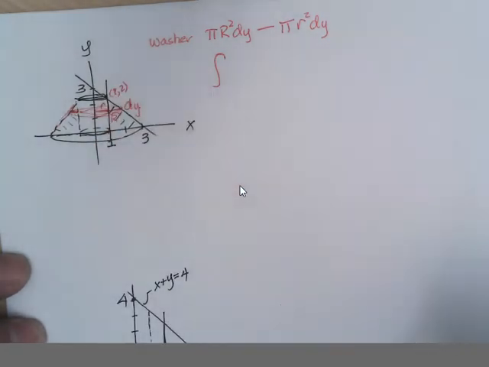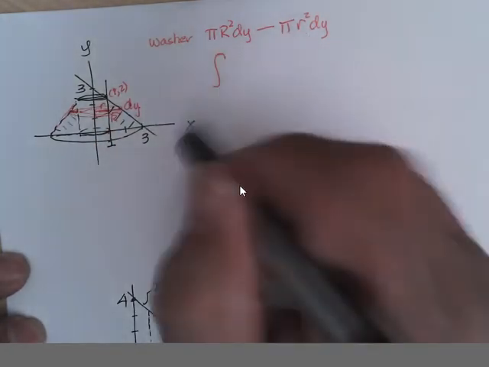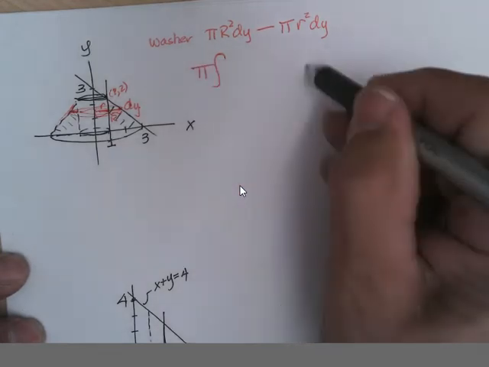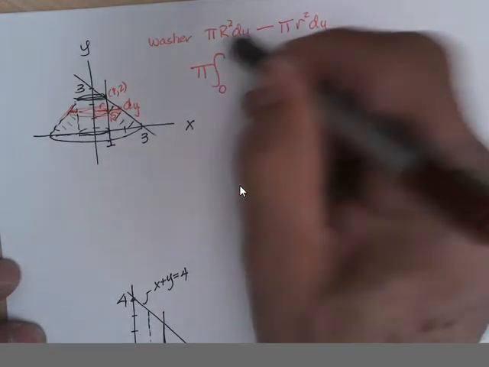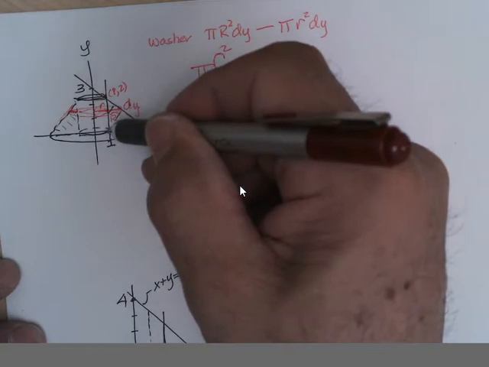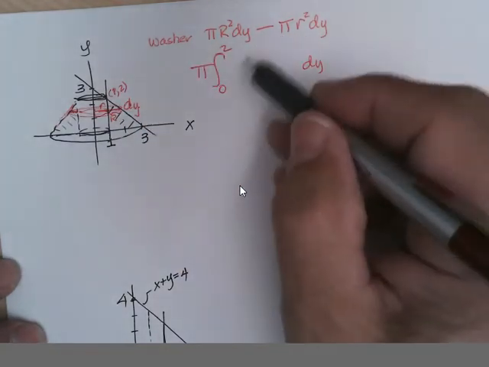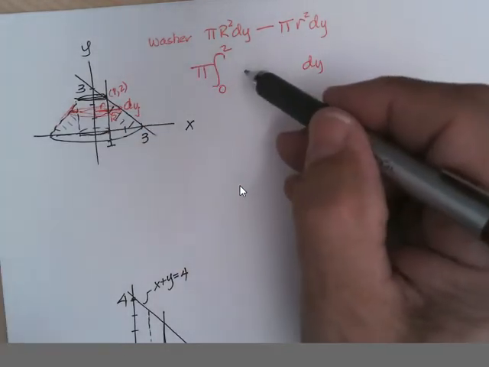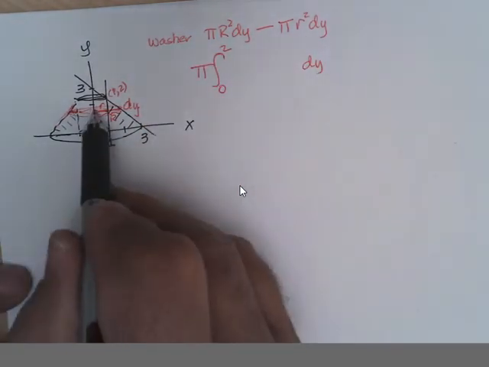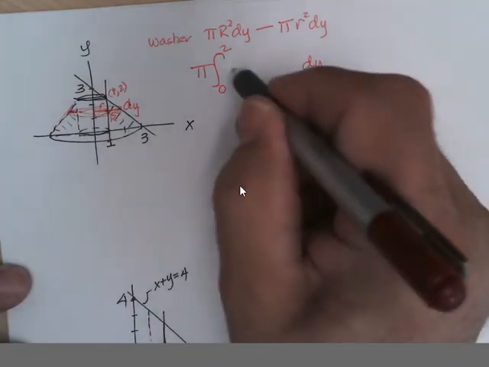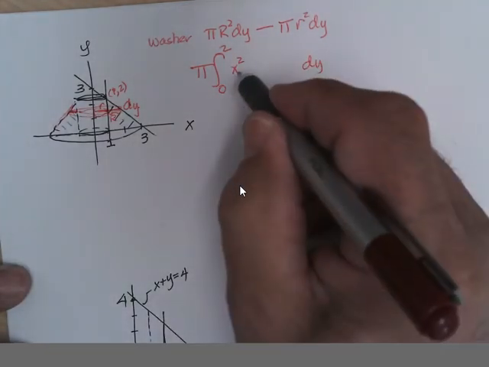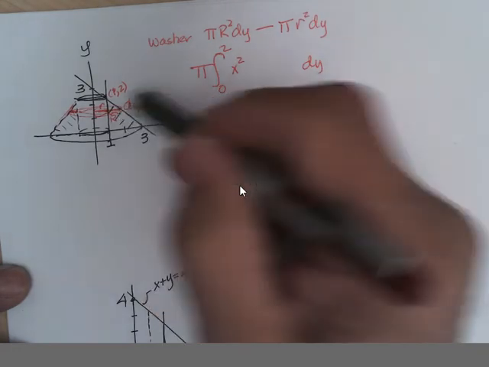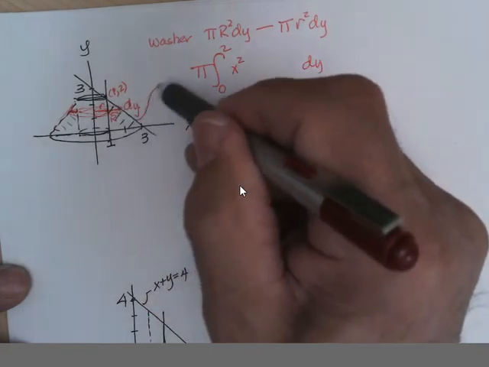2. So both of these have a pi, both have a dy, but that's a variable. We're going to integrate from 0 to 2. The y's are going to go from 0 to 2. And we're going to do the large radius, which is in the x direction. So it's x squared from the large radius, which is determined by this line.